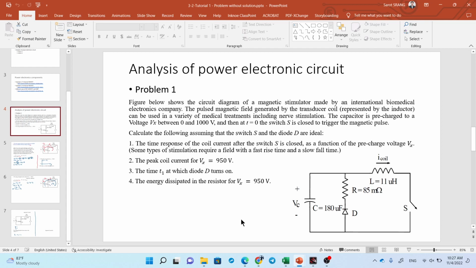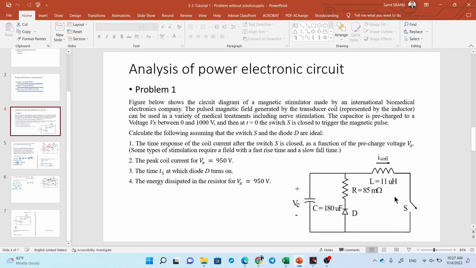Actually, this circuit is called a magnetic stimulator. In this circuit, you have two storage elements, one capacitor and one inductor. First the capacitor is charged.